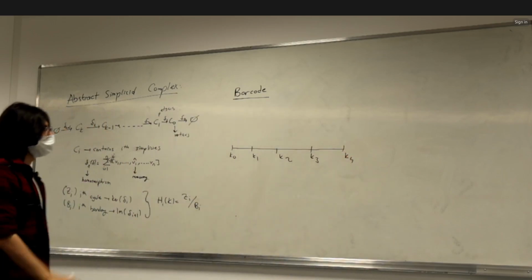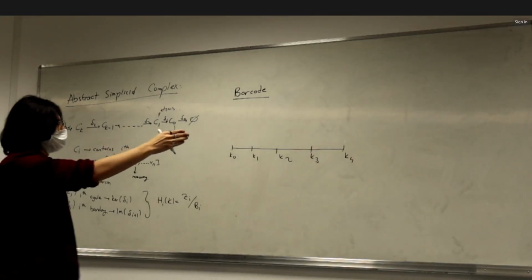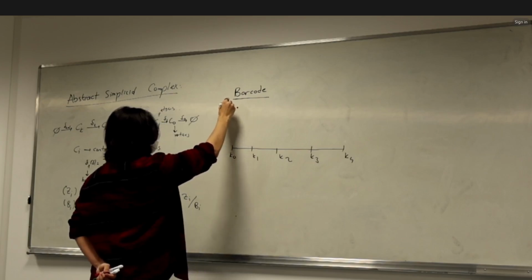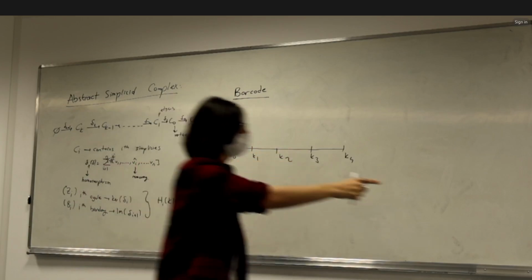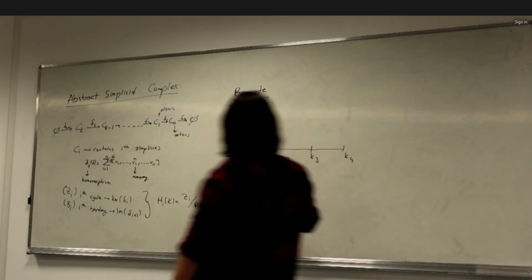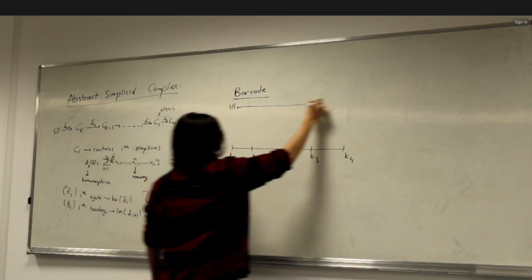And we look at how the homology classes change. For instance, we have the homology class of 1, which is always present in all the simplicial complexes.